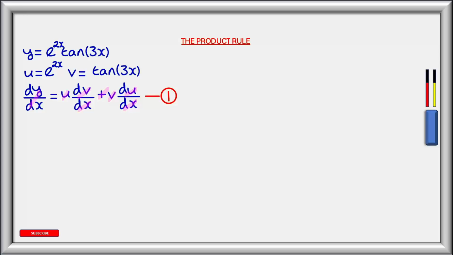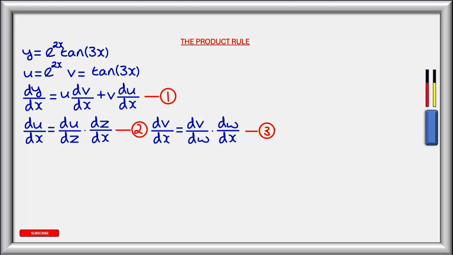So let's find dv by dx and du by dx. And so to find the derivative of u with respect to x, where u is equal to e to the power of 2x, we're going to need to use the chain rule, where du by dx is equal to du by dz multiplied by dz by dx.